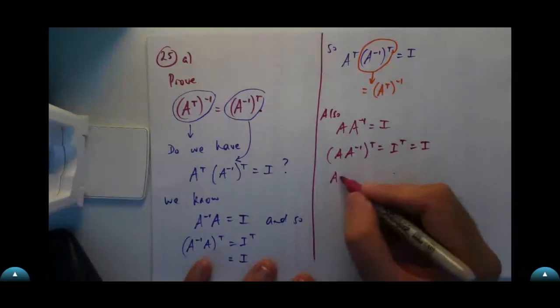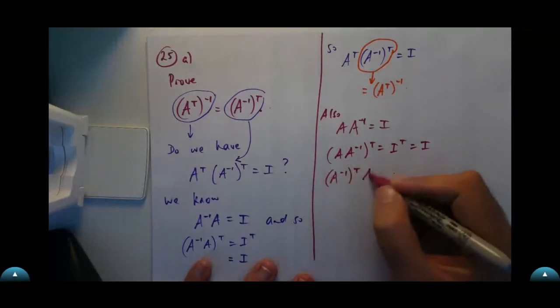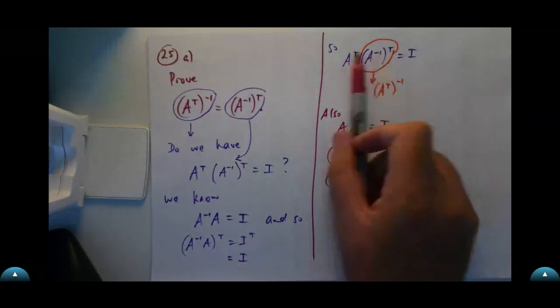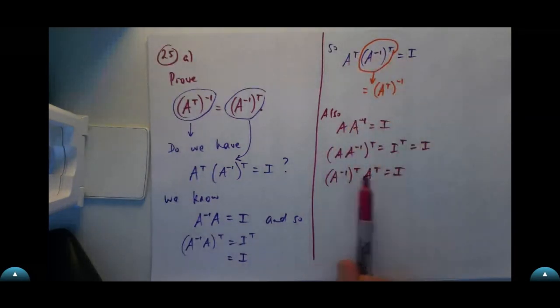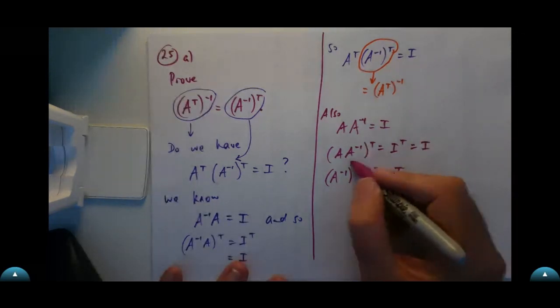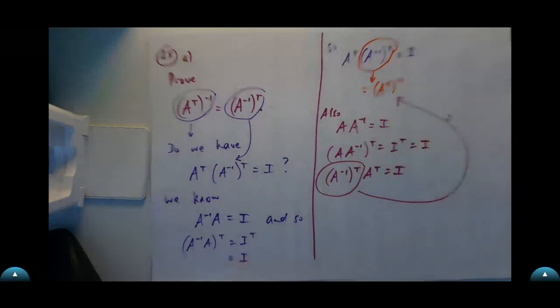Distribute the transpose and change the order. Okay, so this is one way to get the identity. This is the other way to get the identity. So this must be jointly equal to it.